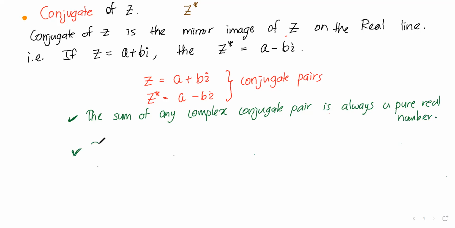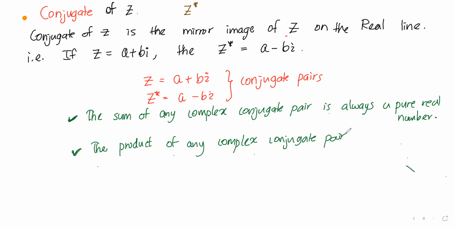Also, the product of any complex conjugate pair is always a pure real number. I'm saying this again, we still have not discussed how to add or how to multiply. I'm just telling you that here, you will see this in the next topic when we talk about operations.